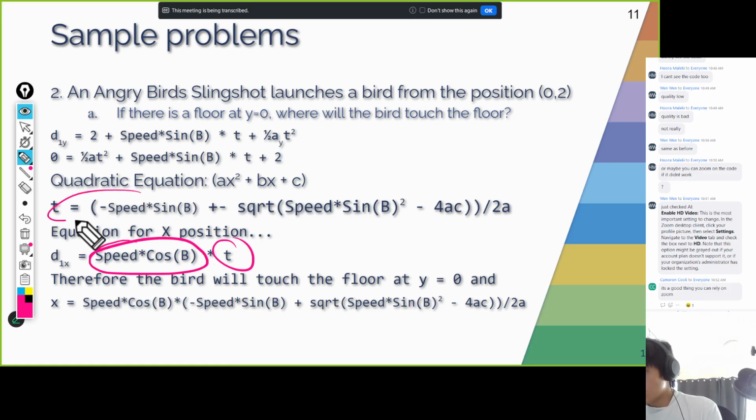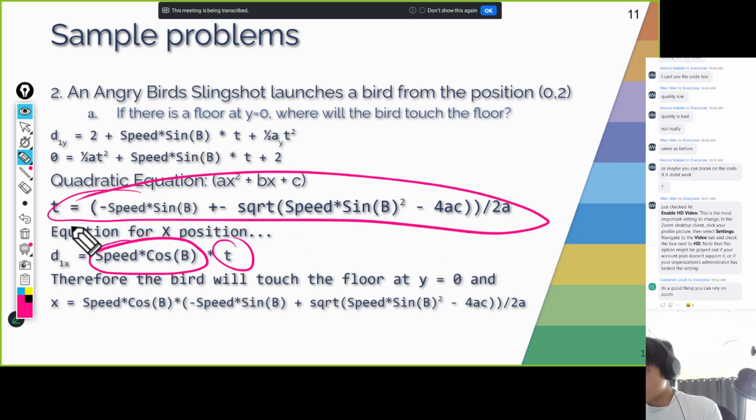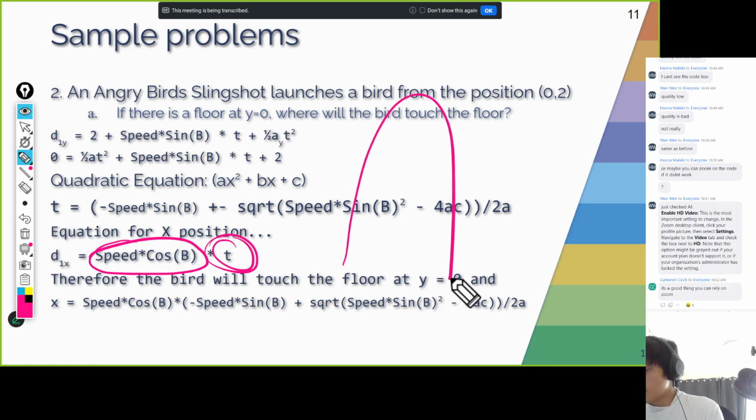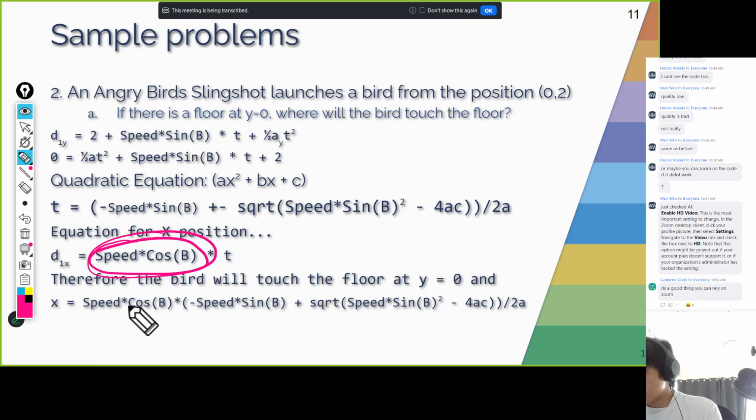So we kind of did this already with the time Mario is going to touch the ground. You do the same thing, but then if you want to know where horizontally we're going to be, we can multiply that time, the duration that we were in the air, by our constant velocity in the x direction. That's speed times cos b.